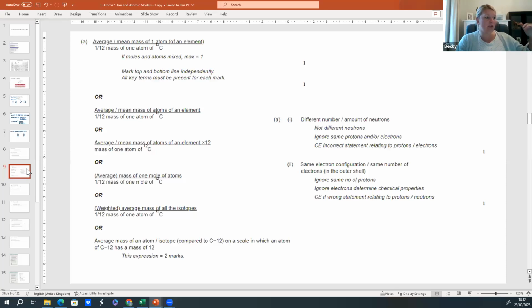So when you're looking at these, we're looking for something about the average or the mean mass of the atoms of an element. And then we're looking for what's underneath compared to the mass of one atom of carbon-12. Yeah, so there's lots of variations. So I'll just let you decide which one you're going to choose. Everybody will pick it slightly different.